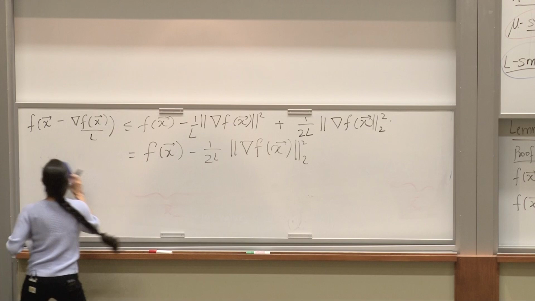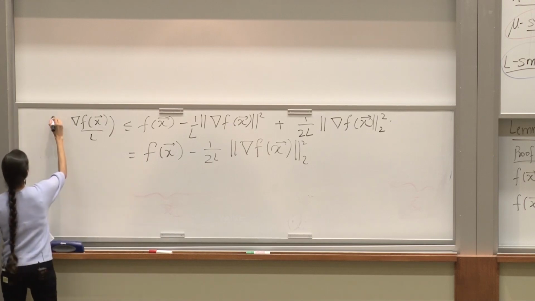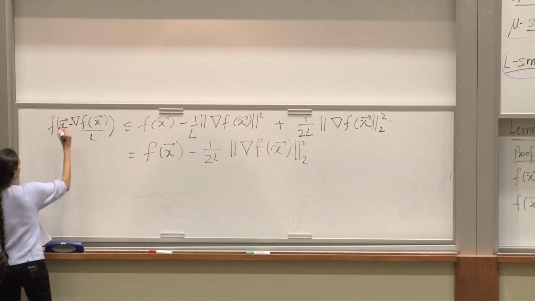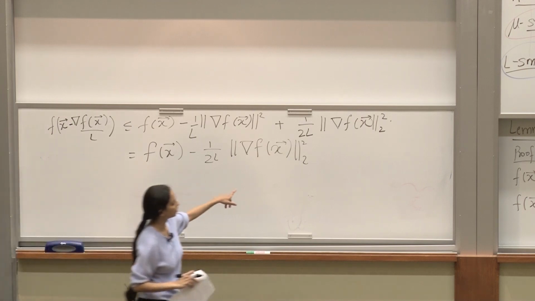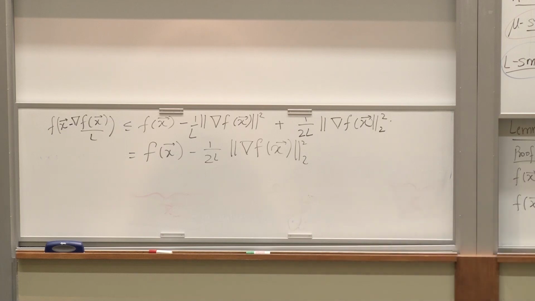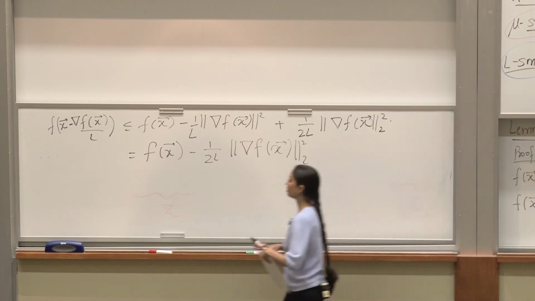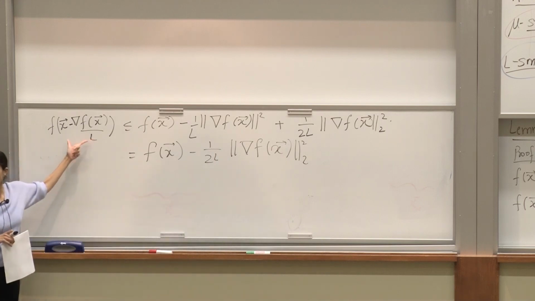Let me write this a little bit better: f of x minus this. So I have this quantity here. Now I want to bring an f of x star into this expression. I have this 1 over 2L times the gradient, which has already been engineered into my expression. To bring in f of x star, I'm going to use this fact. I know this is the function value evaluated at this particular point.